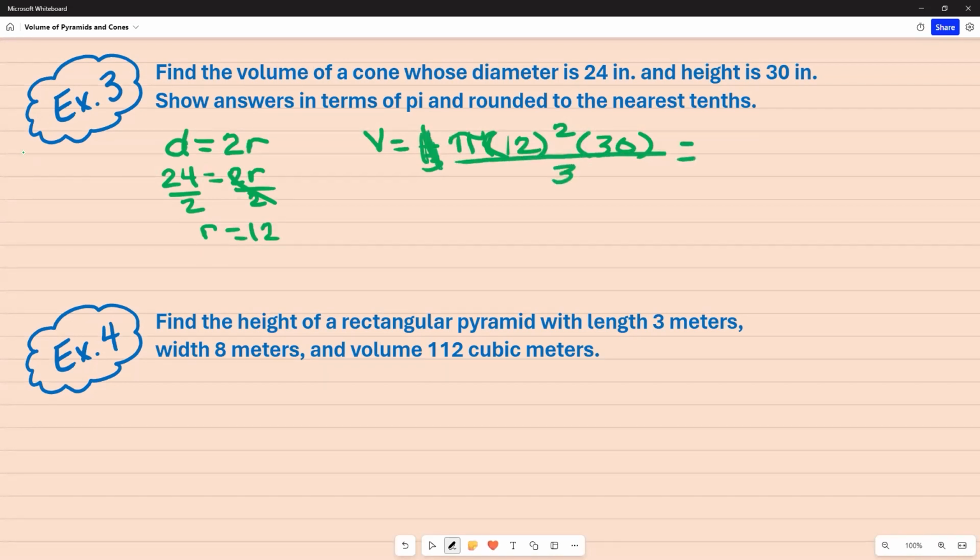Once you simplify that, in terms of pi, you're going to get 1,440 pi. That's what it means when it says in terms of pi. It wants it to be shown in the answer. Cubic inches. And now if you convert this to a decimal, this is going to be approximately 4,523.9 cubic inches because we're asked to round it to the nearest tenths.